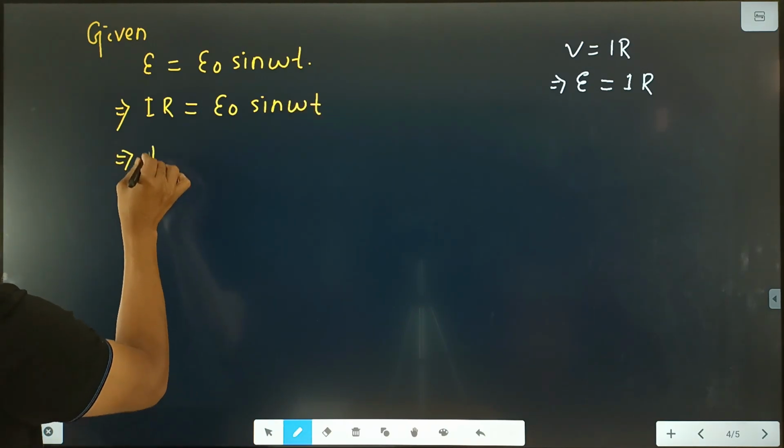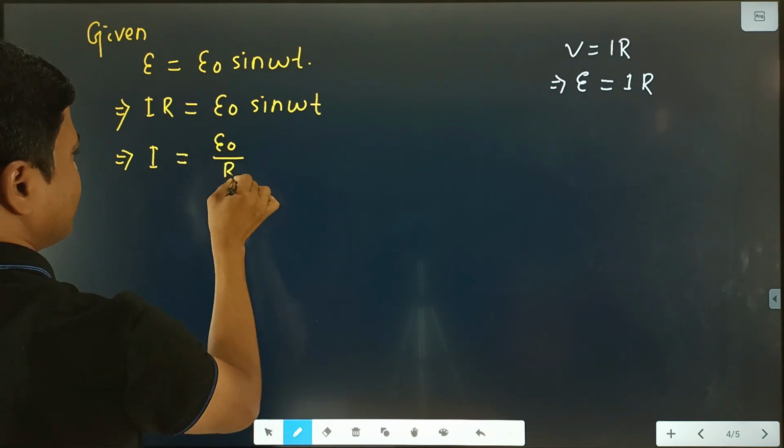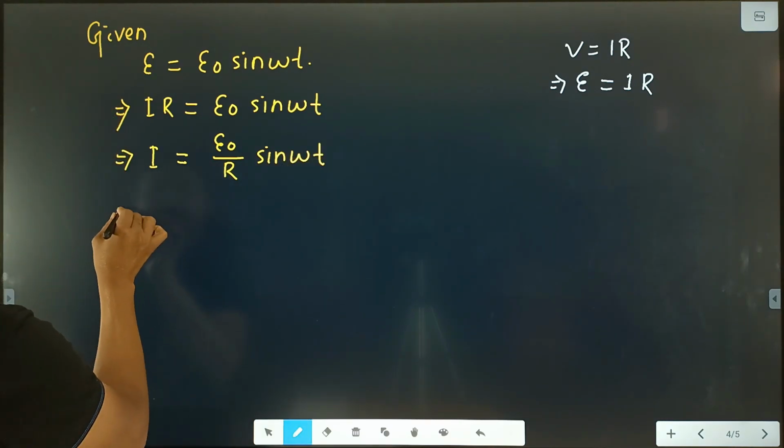That implies I is equal to, we take R to the right hand side, E0 by R multiplied by sin omega t.